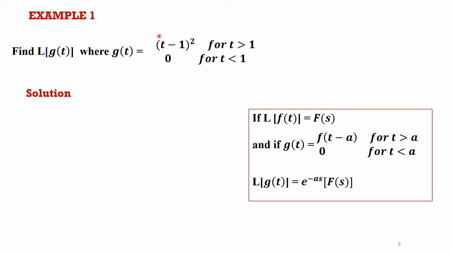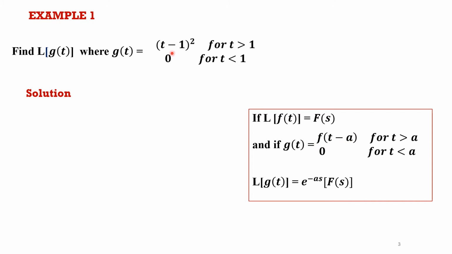So what is the function here? We have got t minus 1 the whole square, where a is equal to 1. If I remove this minus 1 part, the remaining is only t square, which means that f of t will become t square. We are given f of t minus a. If I remove this minus a from here, I will get f of t.